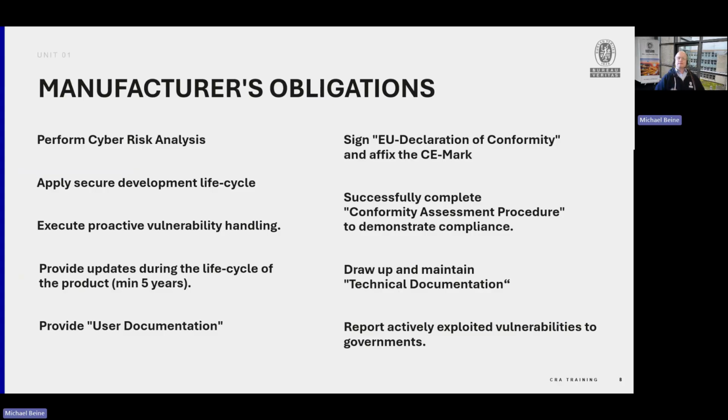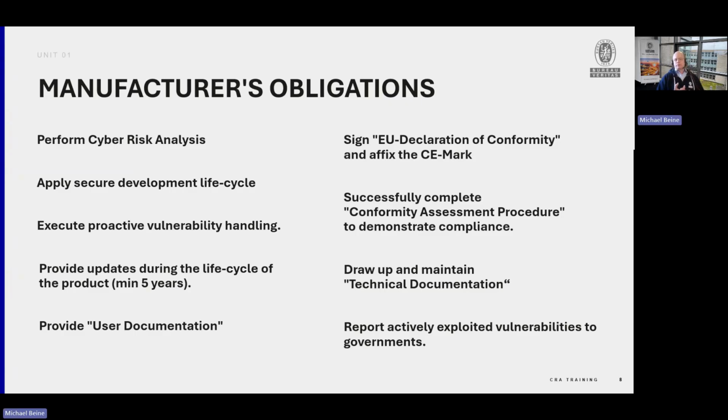There are two other sets which I don't focus on here, but just want to mention verbally. There are also obligations for importers. So if somebody imports products which are manufactured outside of Europe, they inherit these obligations and need to align with the manufacturer outside that all this is in place.